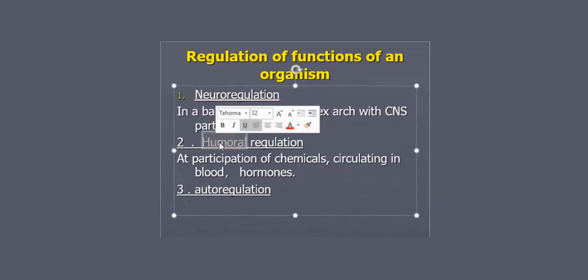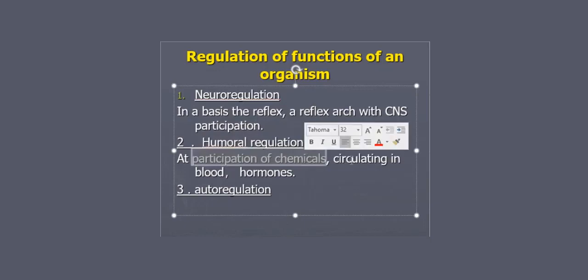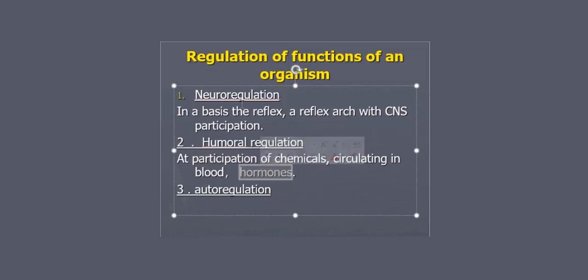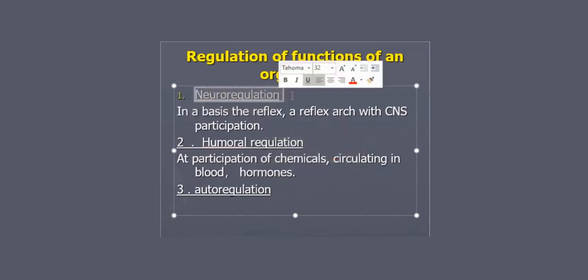Humoral regulation is by the participation of chemicals circulating in the blood, called hormones. Neuroregulation is very quick and accurate, whereas humoral regulation is slower than neuroregulation.